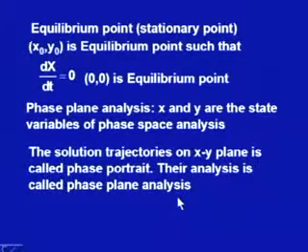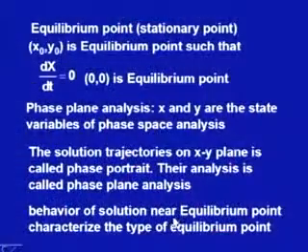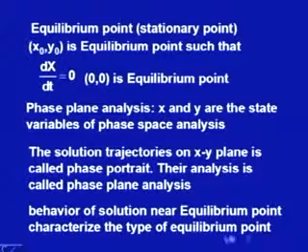So, analyzing these trajectories on the phase plane comes under phase plane analysis. If it is 2 dimensional, then it is phase plane analysis. If the system has more than 2 variables, then what we have is a phase space analysis. So, we try to see how these trajectories look on the xy plane. And then the behavior of solution near equilibrium point characterizes the type of equilibrium point. So, what are the equilibrium points, what are their characteristics, we illustrate with the help of eigenvalues and eigenvectors.